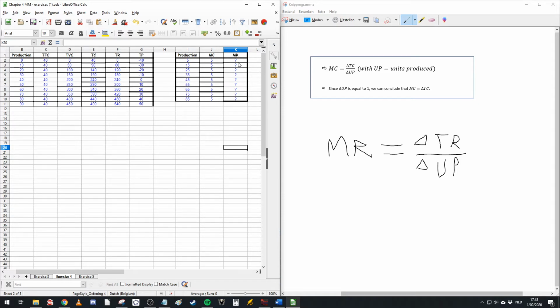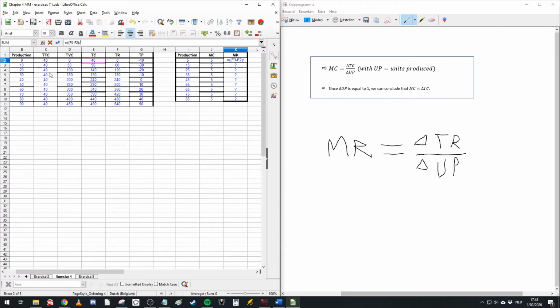So now I can do my MR, which is almost the same. So equals, now I have to look at the change in total revenue, which is over here. So 60 minus 0. I actually have one bracket to spare. I'm doing some illegal stuff right now, but I hope it will work out in the end.